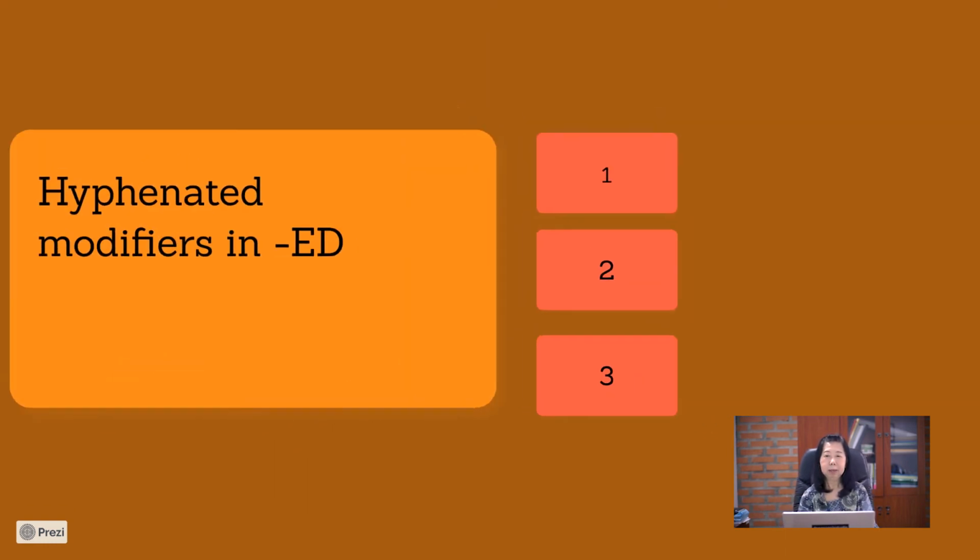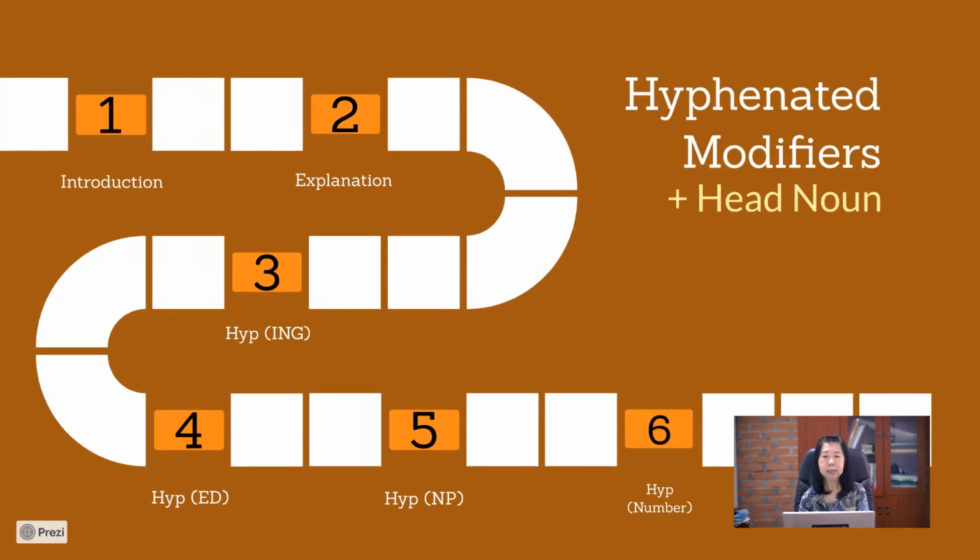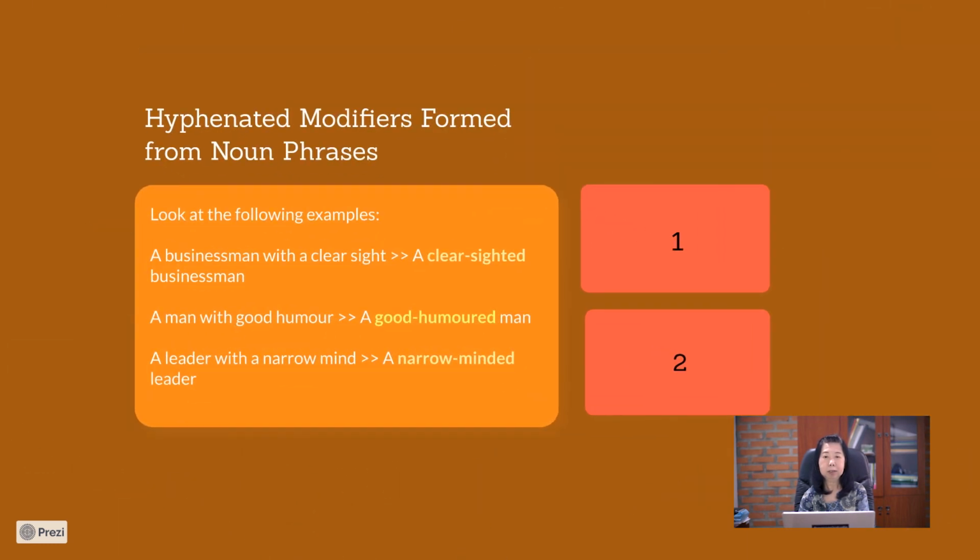The next form that we are going to learn is hyphenated modifiers formed from noun phrases. You see, a noun phrase can also be used as a modifier in another noun phrase. Look at the following examples. A businessman with a clear sight.